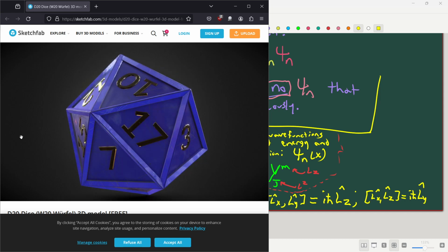Now we have 17 and 7 and a 10 here. So we've ended up, by commuting our operations, at a different spot on the die than we were before.